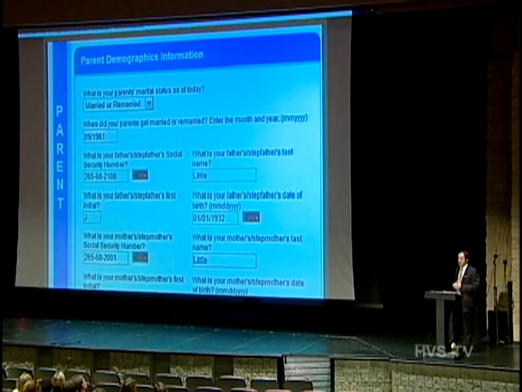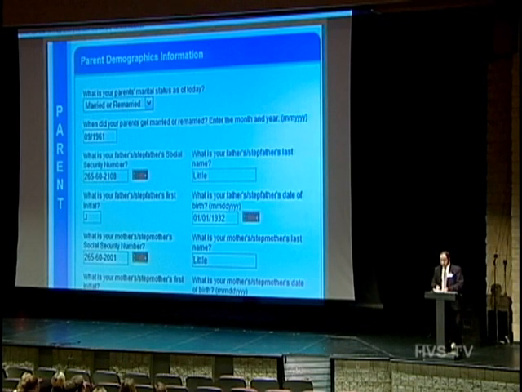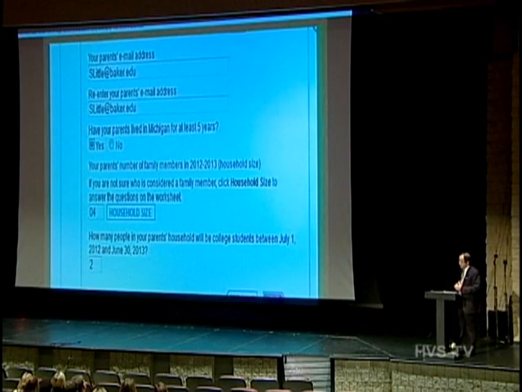It will allow you to do that. If the biological mother is remarried, then you're going to enter the stepfather's social security number, last name, first initial, date of birth. Okay, all right, next slide.